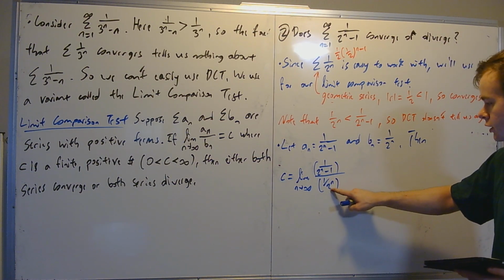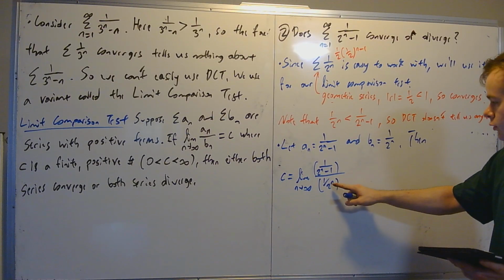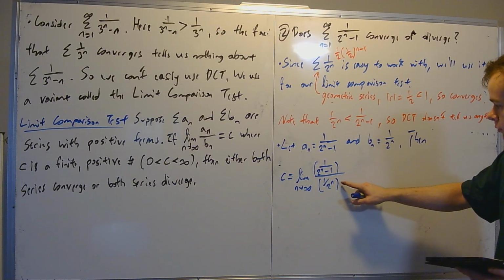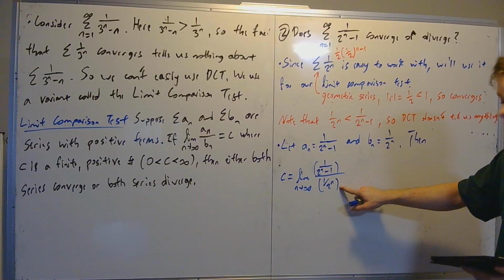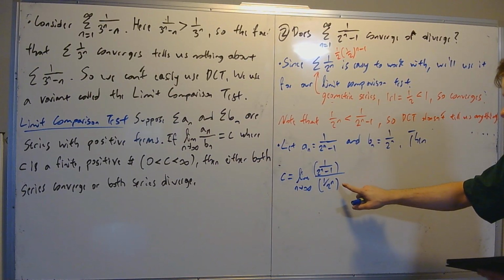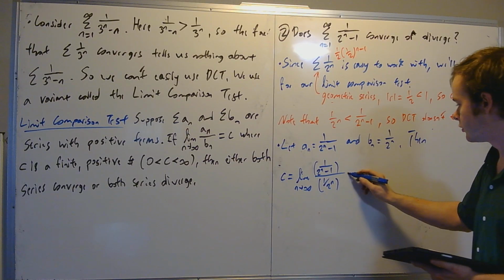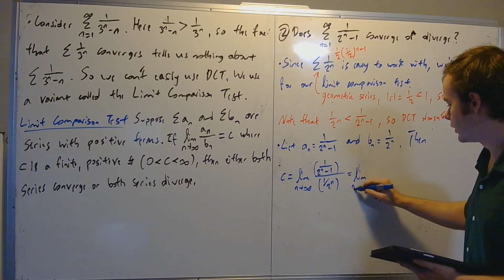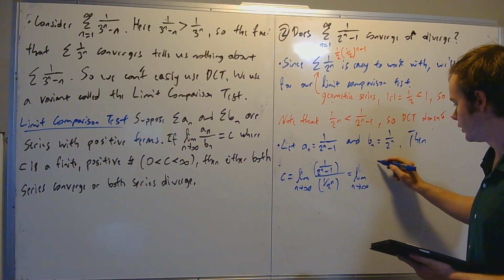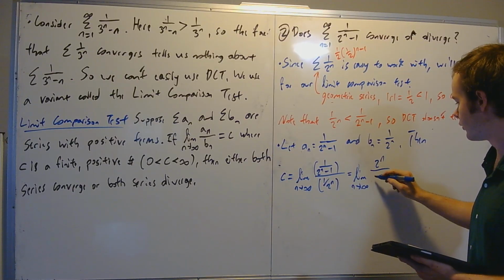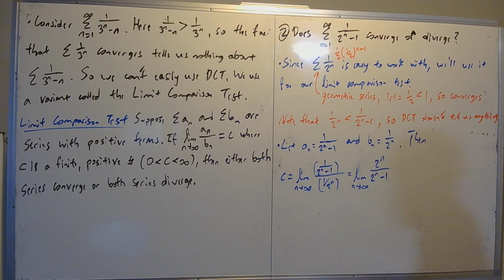We're dividing this fraction by this fraction, and if we want to get rid of the fractions, we just need to multiply both sides by something to get rid of the denominator fraction. The way we do that is to multiply both sides by 2 to the n. So we get the limit as n goes to infinity of 2 to the n over 2 to the n minus 1.